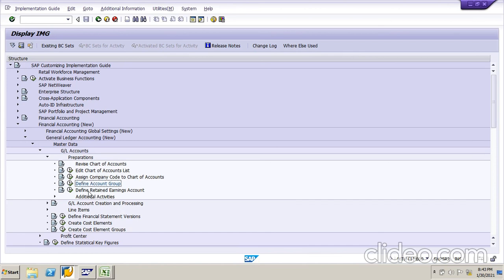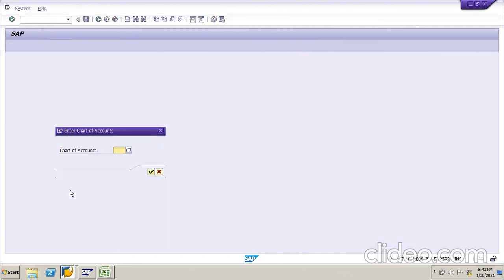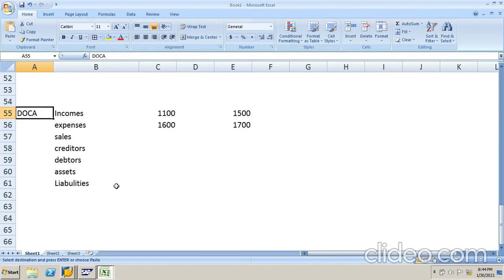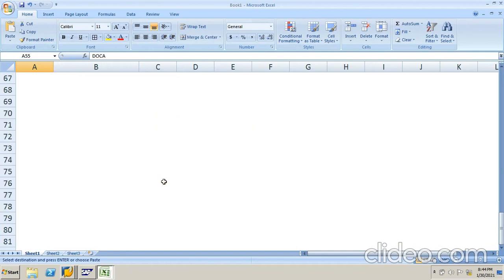The next step is define retained earnings account. So just click this one. So first I will explain what is this retained earnings account. Retained earnings means the leftover balance in the P&L account. Suppose I will give a simple example.